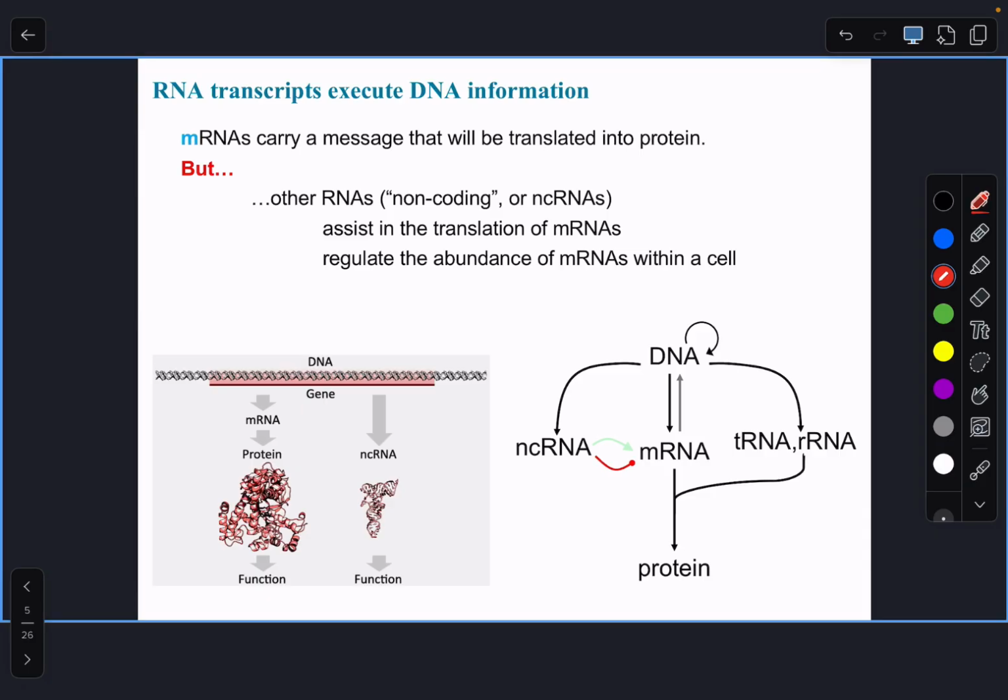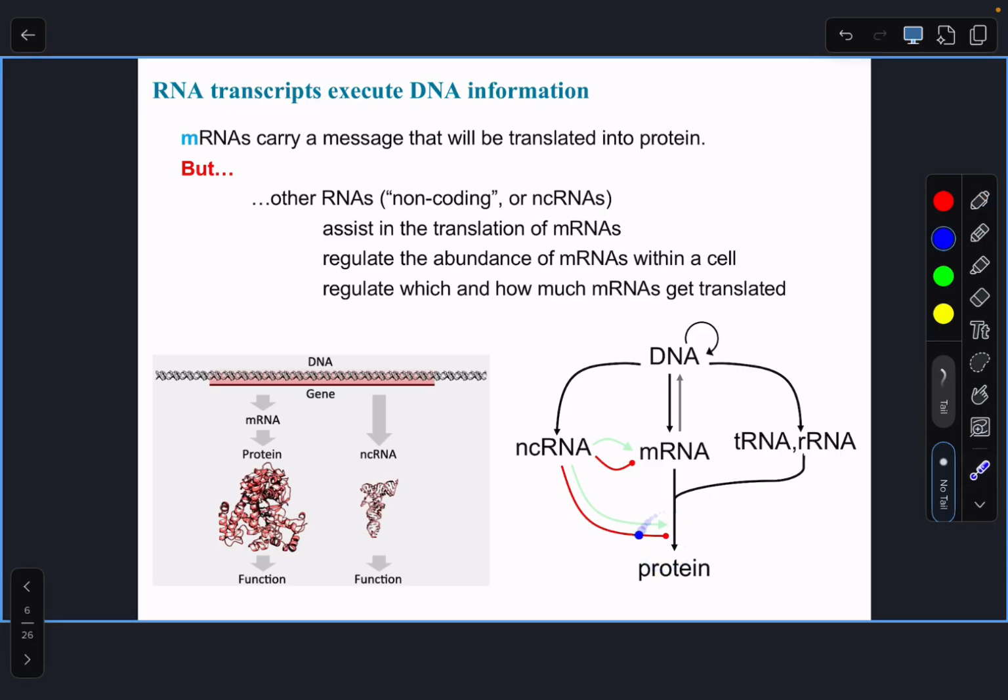They destroy them, right? So those non-coding RNAs will regulate the abundance of messenger RNAs. There are some non-coding RNAs that regulate which and how much messenger RNA gets translated. So they will regulate down here during the process of translation. So there are non-coding RNAs that will either speed up or slow down the process of translation of certain mRNAs.